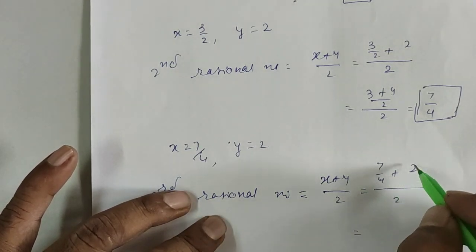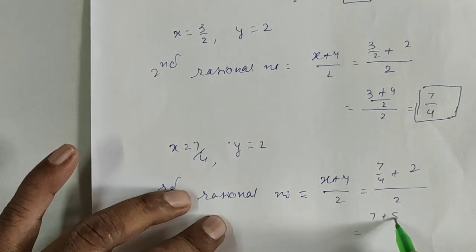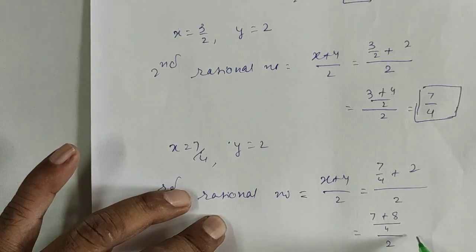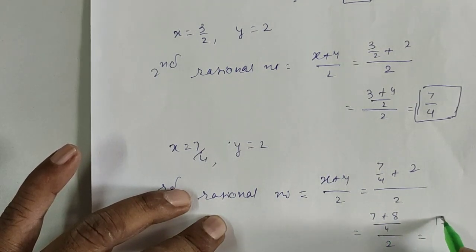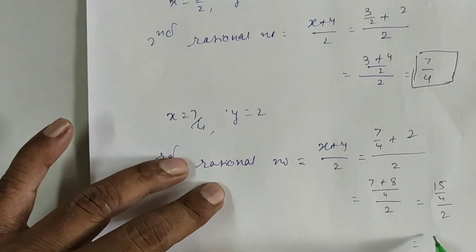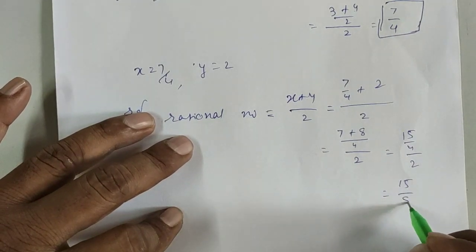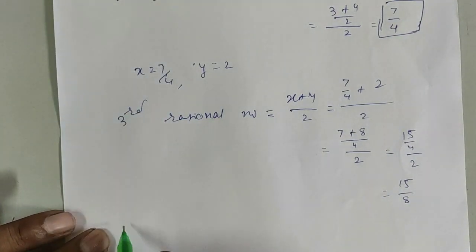Again taking cross multiplication, (7 plus 8) upon 4, the whole divided by 2, equals 15 upon 4 upon 2, equals 15 upon 8.